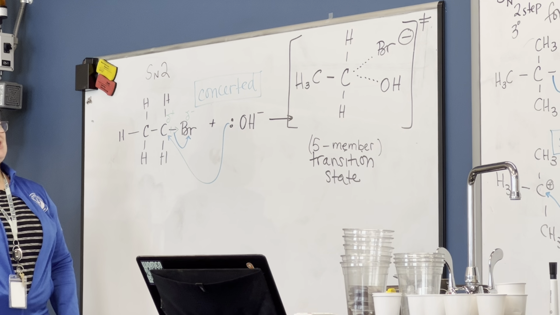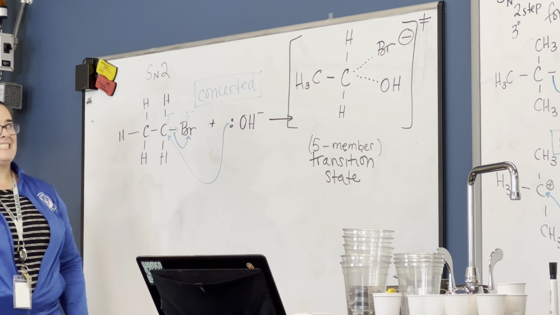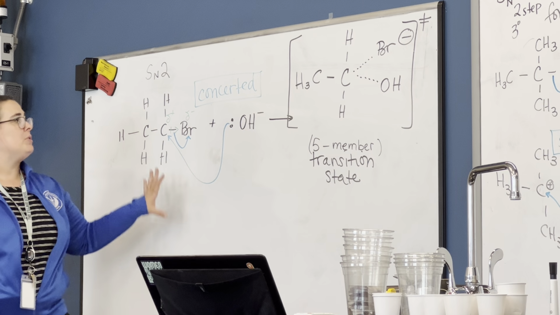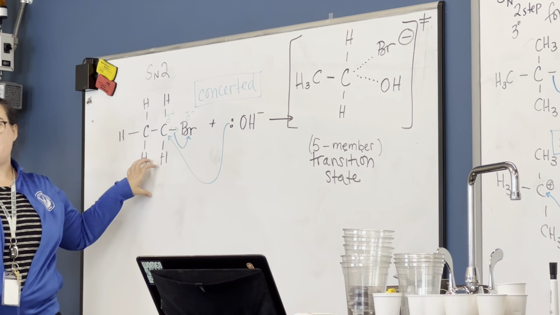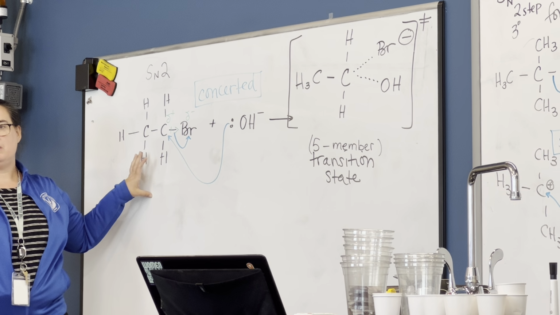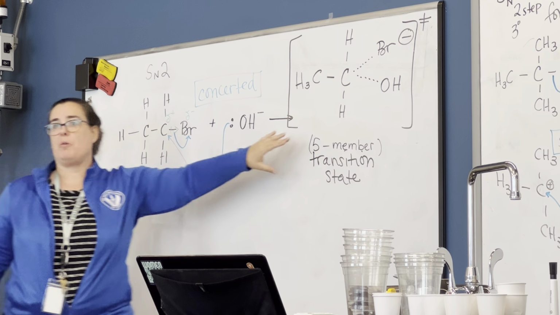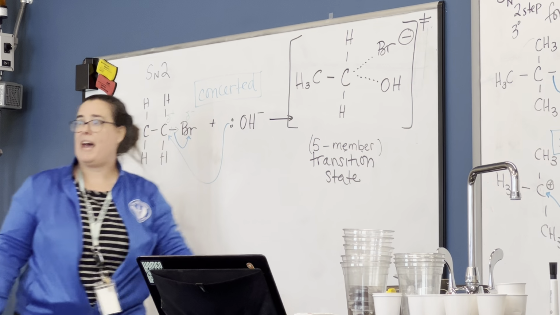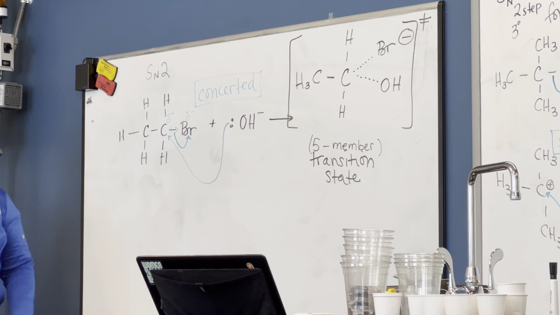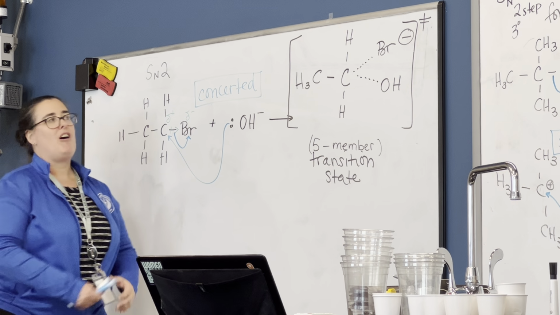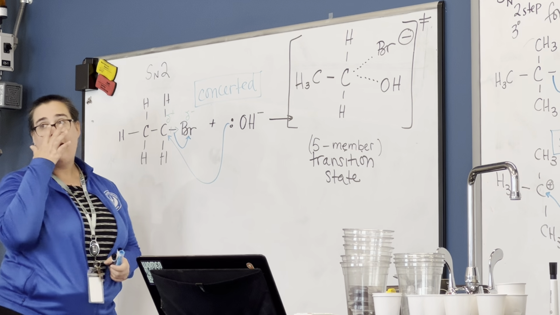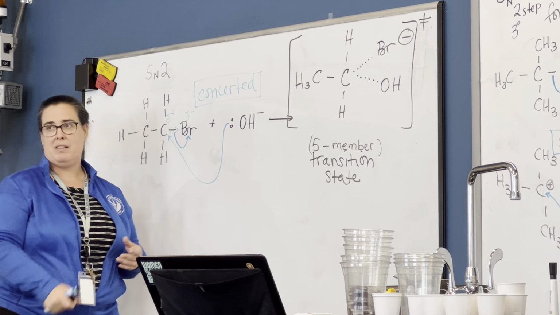I also must show that this transition state has a negative charge. If you look at the total charge on the left-hand side, do you see it adds up to -1? That means that the total charge on the right side has to add up to -1. So it's just a way of reminding yourself. There are three things I have to see in this picture to give it the mark.